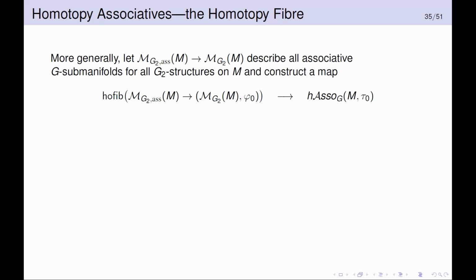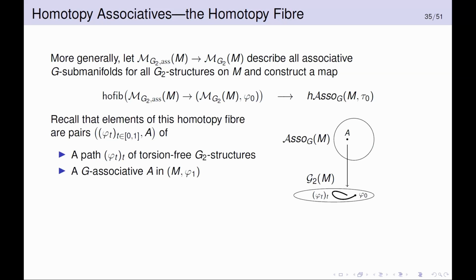And if you forget all your category theory training and go back to good old textbooks of topology, then the homotopy fiber will be described as pairs of a path in the base space. Here, the base space is the space of G2 structures. So we have such a path φ_t of G2 structures starting at our fixed G2 structure φ_0 and going to some φ_1, and over φ_1 we have a true associative.